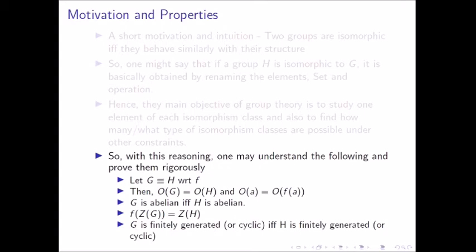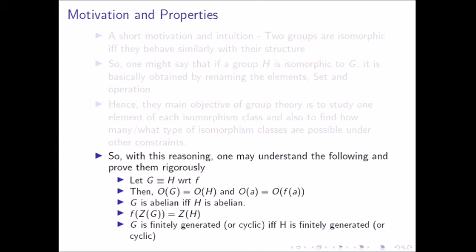The only difference is that it is being renamed. So F maps all the elements with the property of being commutative to H. G is finitely generated or cyclic if and only if H is finitely generated or cyclic. So if G is finitely generated, then H is finitely generated and vice versa.